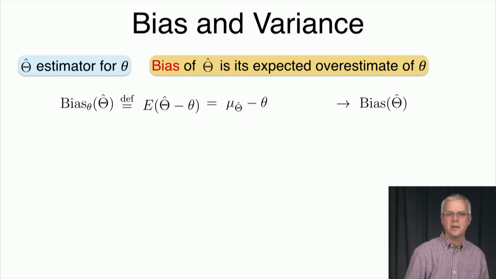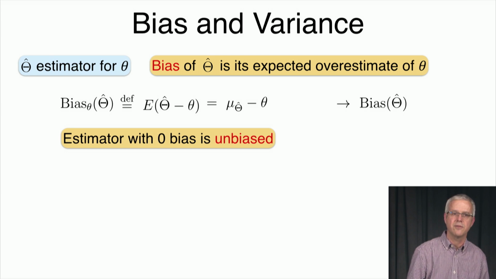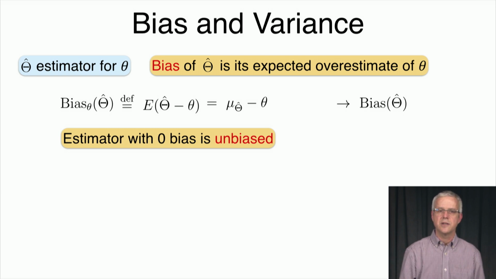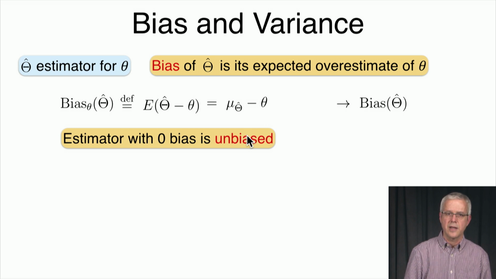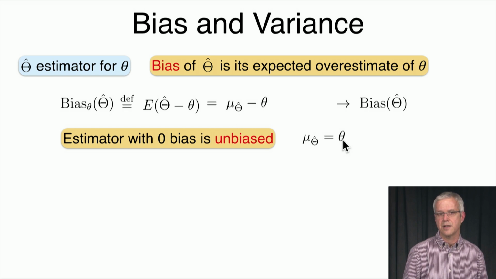And if the parameter we're trying to estimate is clear, for example, if we are talking for several slides about the mean, then we're not going to write theta, we'll just write the bias of the estimator that we have. And if the estimator has 0 bias, then it's called unbiased, and that would mean that the mean of our estimator is exactly theta, right? That this difference is 0.